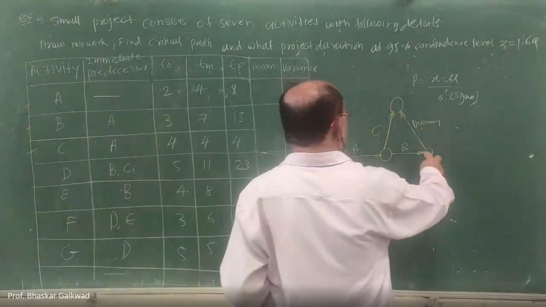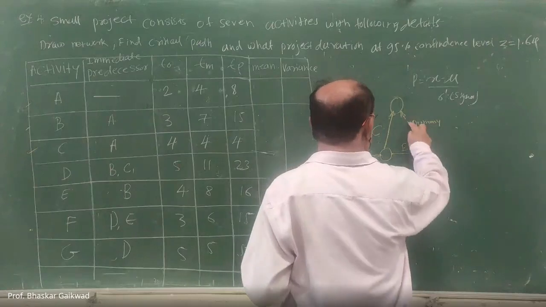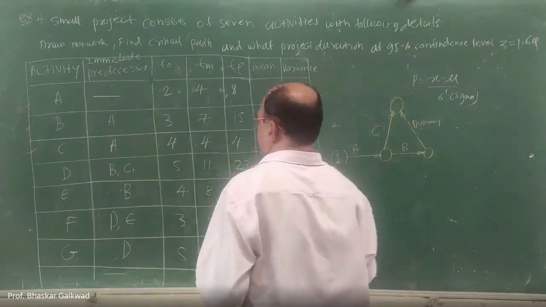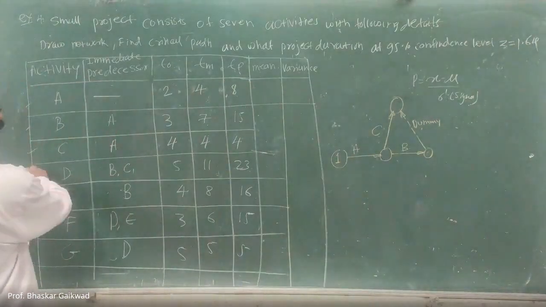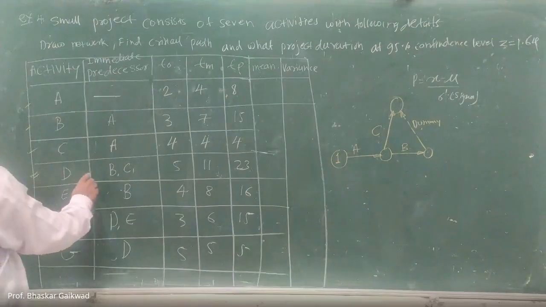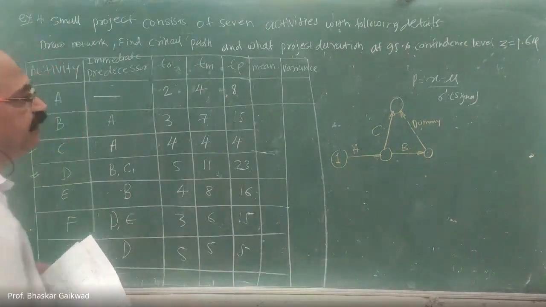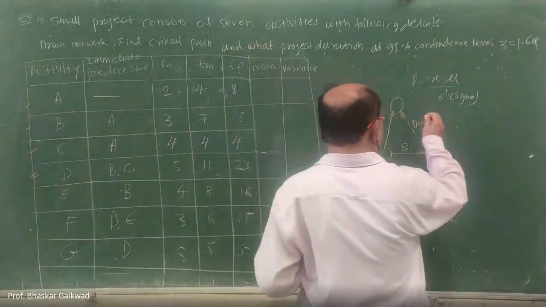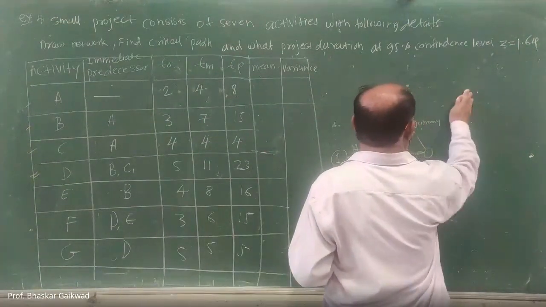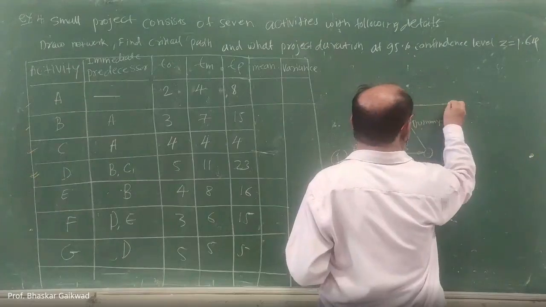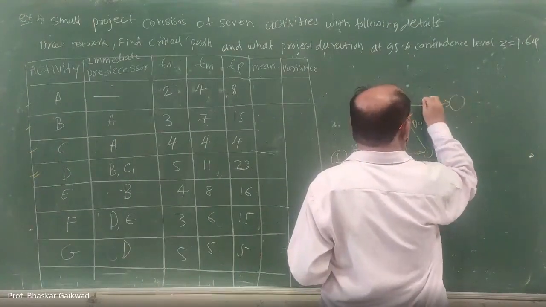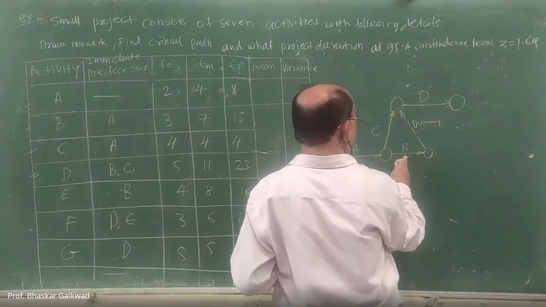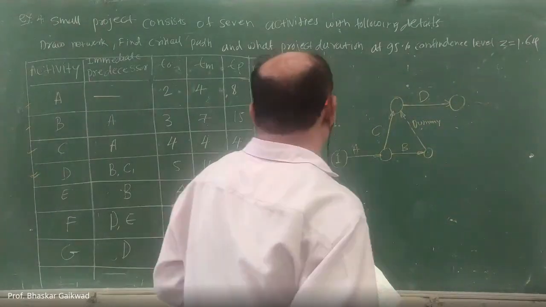So this is the dummy activity. Because of this dummy activity, B and C will come here. Means D will start from B and C, from here. So this is your D, because B and C will be here and D will start.